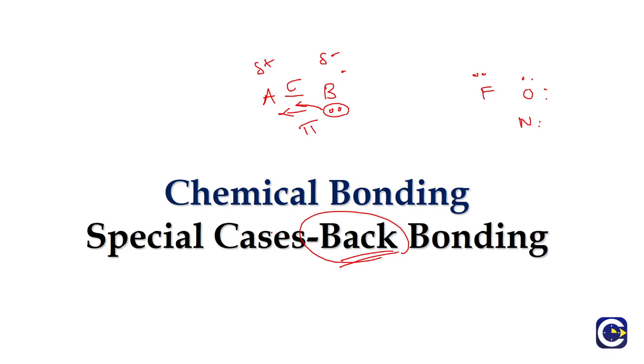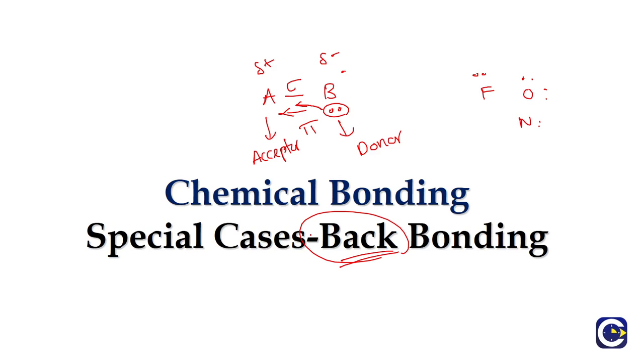And what do we see here? The coordinate covalent bond is from the electronegative element towards the electropositive element. So this is the donor, because for a coordinate covalent bond we have a donor and an acceptor, right? Here the electronegative element is the donor, and the electropositive element is the acceptor.